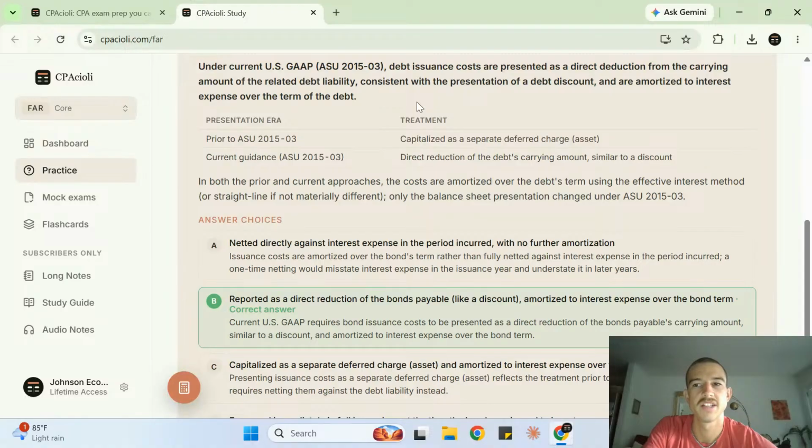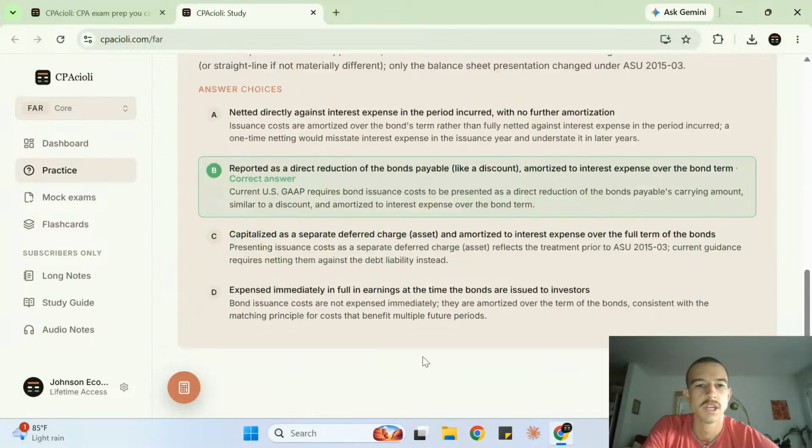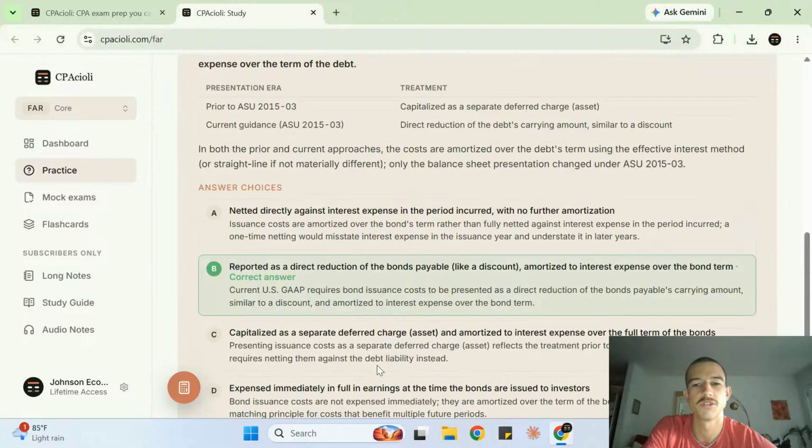Current GAAP requires bond issuance costs to be presented as a direct reduction of the bonds payable carrying amount, similar to a discount, and amortized to interest expense over the bond term.